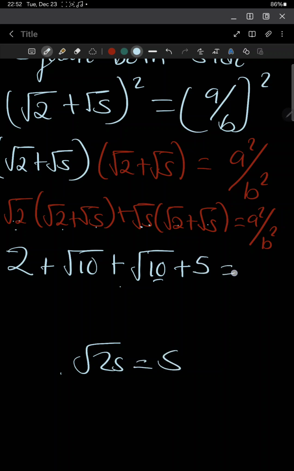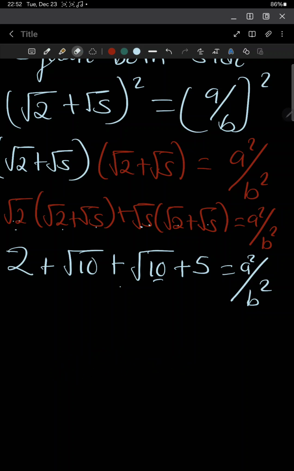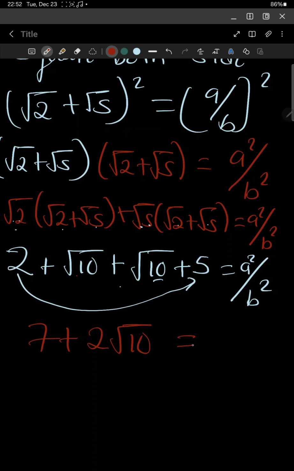So we write here 5, equal to A square over B square. After that, put the like terms together. 2 plus 5 is 7. Square root of 10 plus square root of 10 is 2 square root of 10, equal to A square over B square.